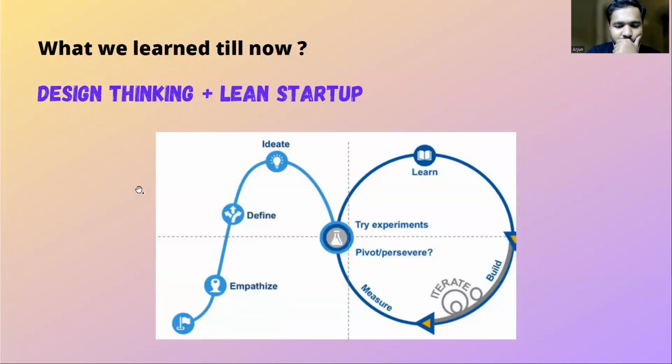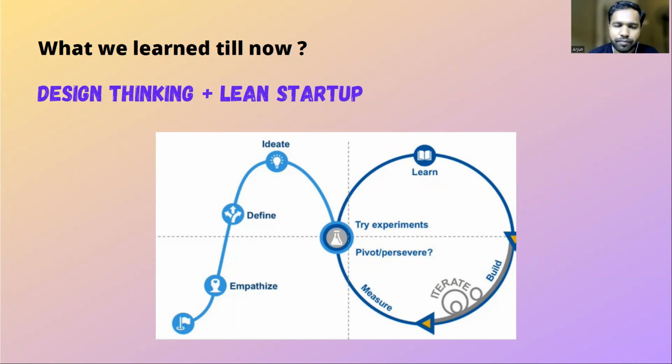There is also one more concept called design thinking, which is very similar to the lean startup method. Every company you go to, every startup or bigger company that you work for, always does design thinking before they start any new product development, because design thinking helps them systematically eliminate a lot of uncertainties.